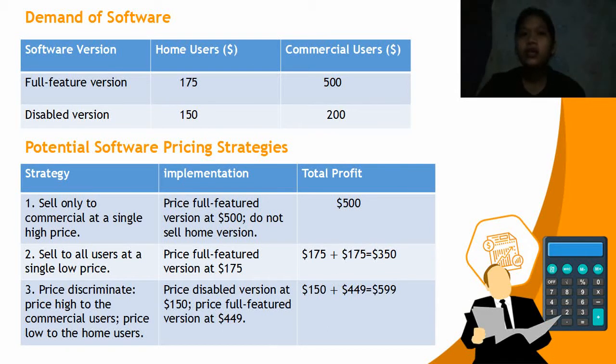The most we can charge the home users for the disabled version is $150.